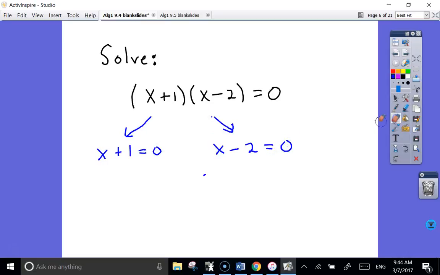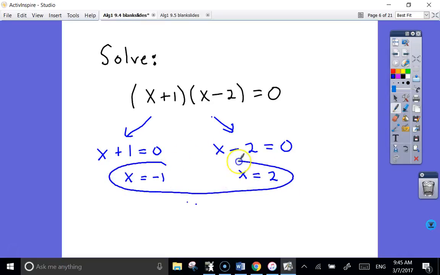By the zero product property, that has to be the case. Now with these two equations, you have x where it can be isolated just by doing simple algebra. So how am I going to isolate this x? Subtract 1. How am I going to isolate this x? Add 2. So we solve both of those equations: x equals negative 1, x equals positive 2, and those are the answers.